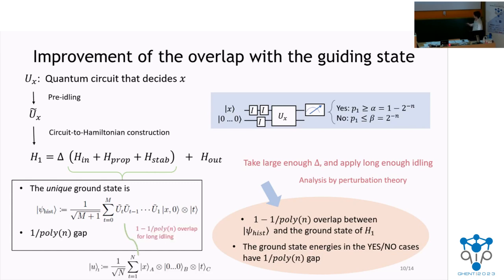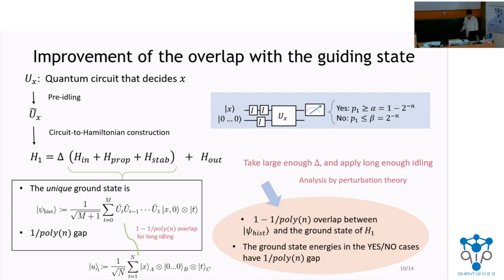And this history state can be approximated by this semi-classical subset state. So this is a subset state, and this also has a 1 minus 1 over poly overlap by taking the long idling periods. So this can work as a guiding state for this H1.